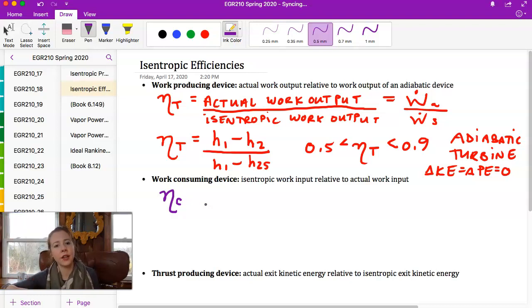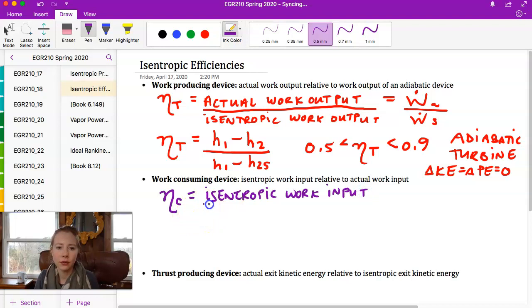That takes work input. So the isentropic efficiency for a work-consuming device like a compressor is going to equal the isentropic work input divided by the actual work input.